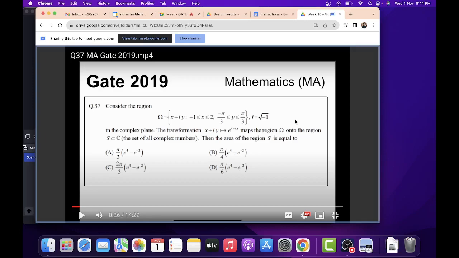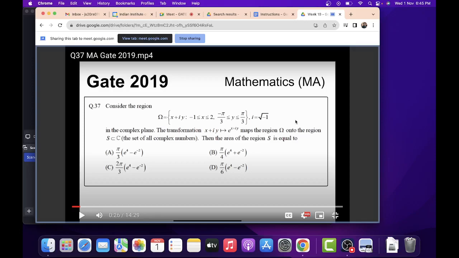And also note that for y in this region, the first component is e to the power x cos y, and the second component is e to the power x sin y, and cos is positive for y in minus pi by 3 to pi by 3. So inside the annulus only the right half matters, the left half will not occur, because e to the power x cos y is always positive.